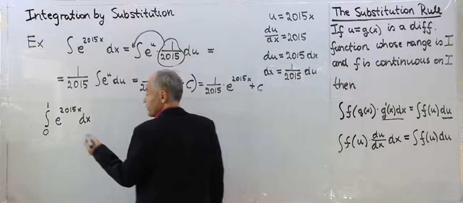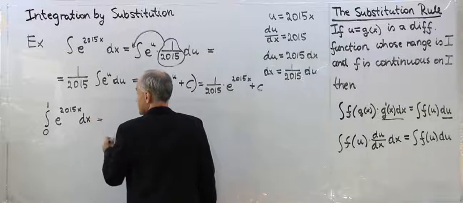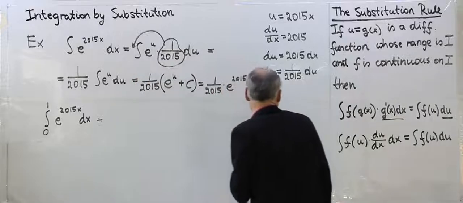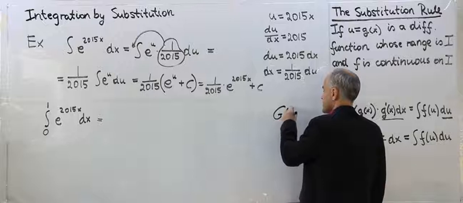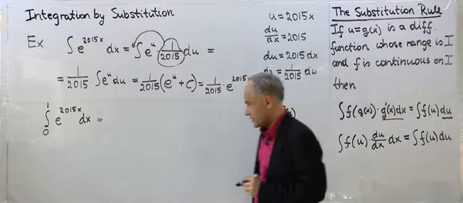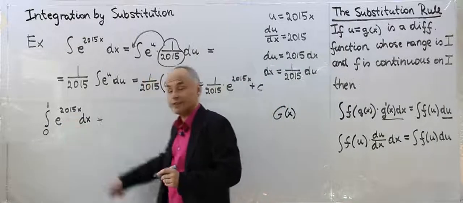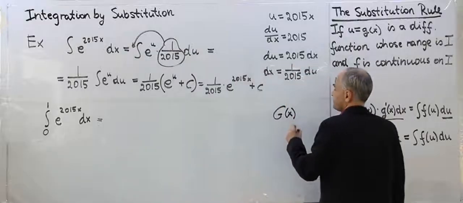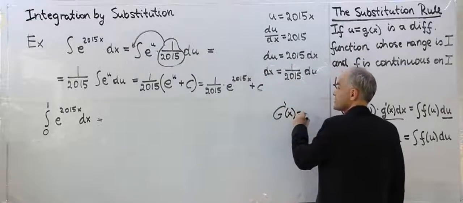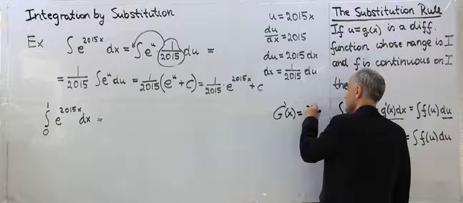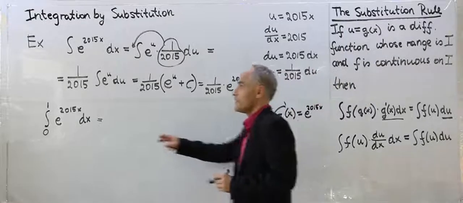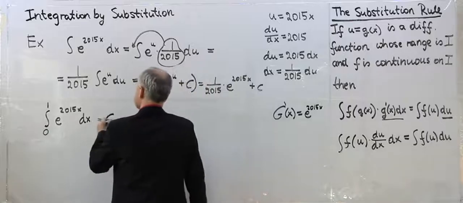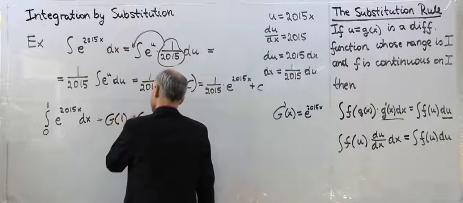So one way to approach this problem is, say g of x is an antiderivative of e to the power 2015x. So in other words, if g prime of x is equal to e to the power 2015x, then what I need to do is subtract g of 1 minus g of 0, right?